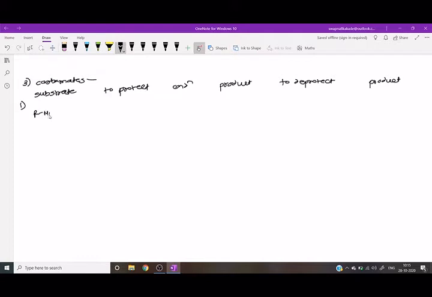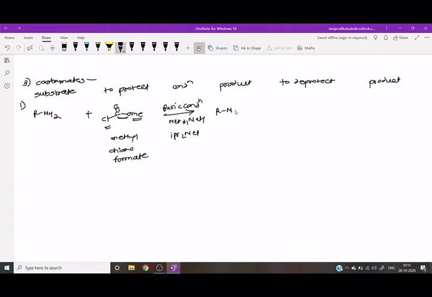Here amine reacts with methyl chloroformate. The condition for protection is basic condition. Basic reagents are K2CO3, NaH, diisopropyl ethylamine. The product formed after protection is this.